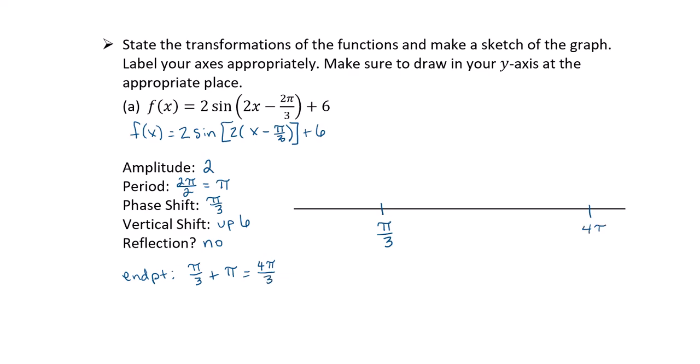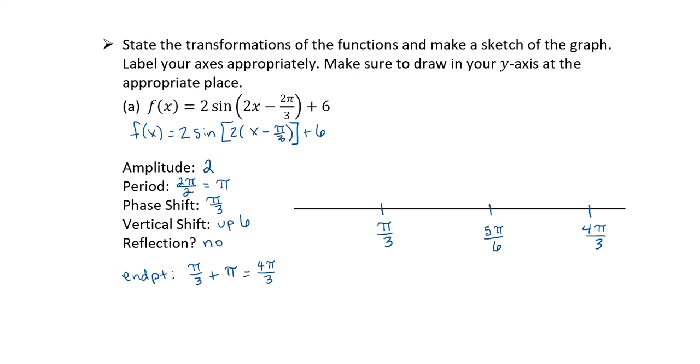So here's 4 pi over 3. Now, one thing that we can do to find this middle between them is treat it as an average. We can add pi over 3 plus 4 pi over 3 is 5 pi over 3, and then divide it by 2, or multiply it by a half. So 5 pi over 3 times 1/2 is 5 pi over 6.